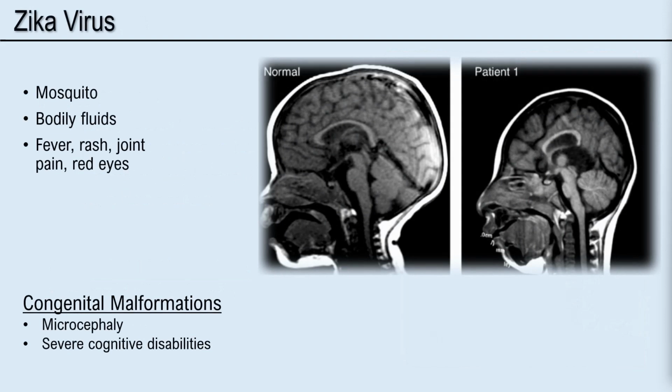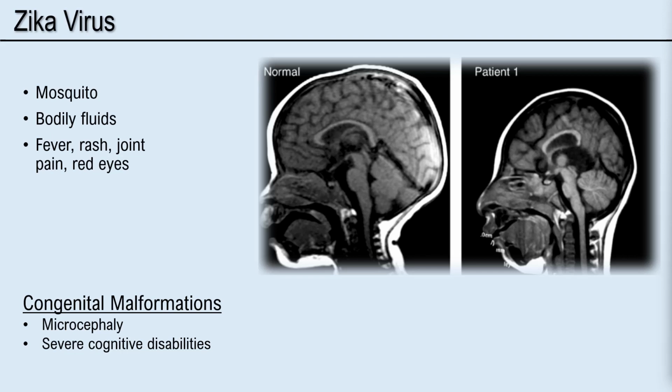One of the newer emerging viruses is the Zika virus. This mosquito-borne virus, found in tropical and subtropical regions, can not only be spread by mosquitoes but also by an infected person through sexual transmission.